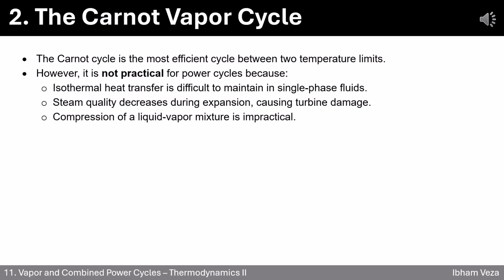Third, the cycle would require compressing a mixture of liquid and vapor, which is technically difficult and inefficient in practice. So while the Carnot cycle teaches us the upper limit of efficiency, in real life engineers use more practical cycles like the Rankine cycle that are easier to operate and maintain.